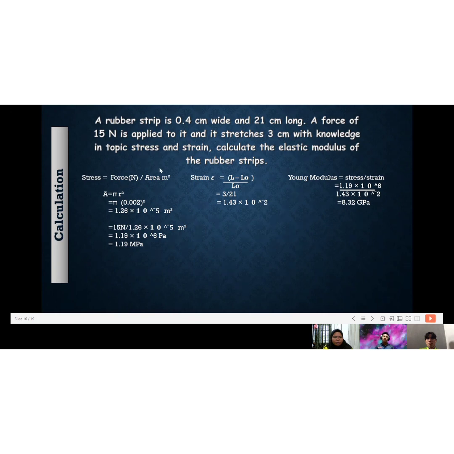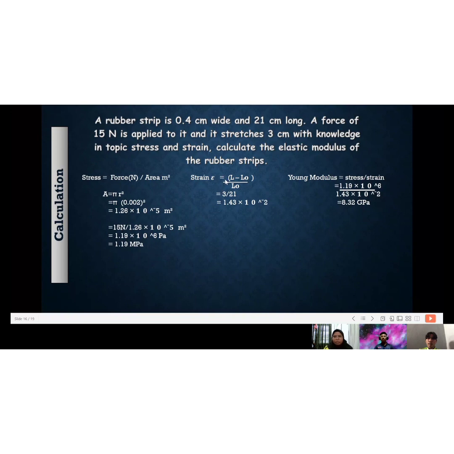This formula uses unit meter, so we change to meter and get 1.26 times 10 power of -5. We put into the formula, force is 15, then per area, and get 1.19 megapascal.